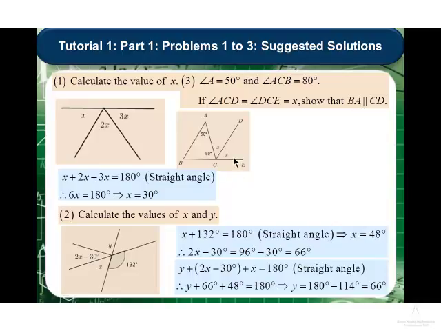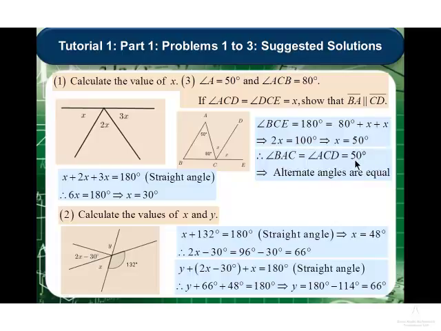Now we notice that the sum of 80 degrees and 2x must be 180 degrees since it represents a straight angle. So by looking at this equation, 180 degrees equal to the sum of 80 and 2x, we have that the unknown angle x is indeed 50 degrees. With this in hand, we notice that angle BAC is equal to angle ACD.